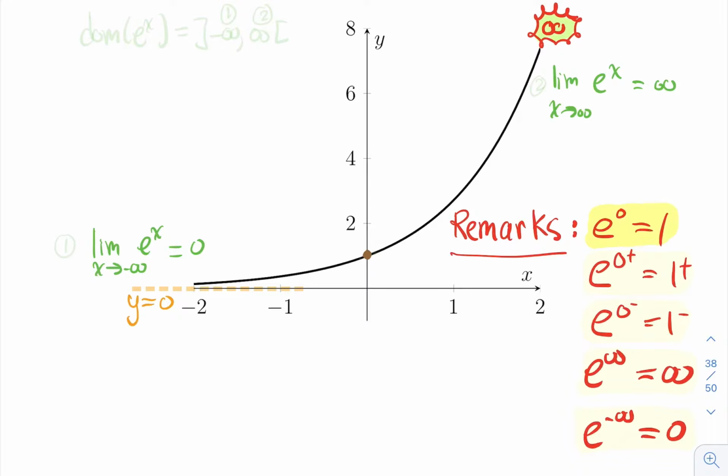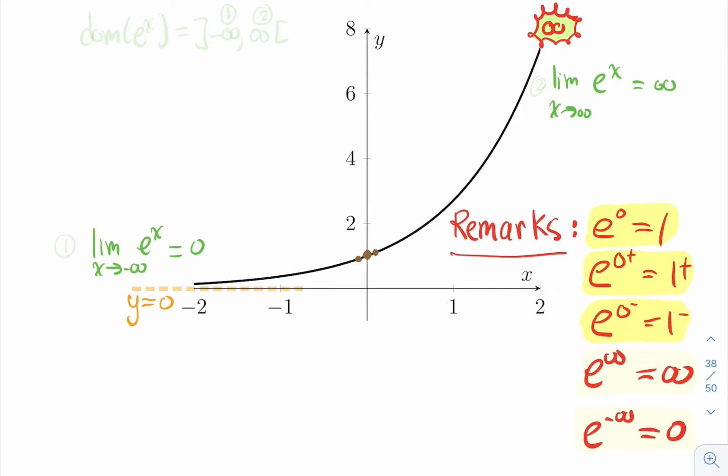And one thing to notice here, if you pick an input slightly bigger than 0, you're going to get an output slightly bigger than 1. You can see this on the graph here, using a dot, just slightly bigger, you're slightly higher. And same thing if you pick a value slightly smaller than 0, e to the power 0 minus will be equal to a number very close to 1 but smaller. So we're going to be using that.